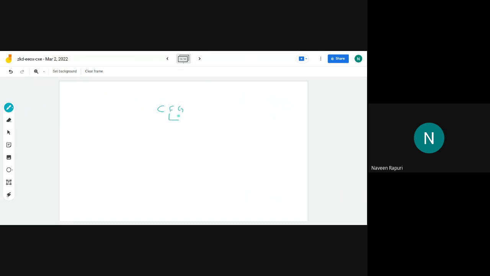The responsibility of a context-free grammar is to specify the rules. What are the rules specified by the context-free grammar? Rules to accept the strings. With these rules, we can accept the strings.